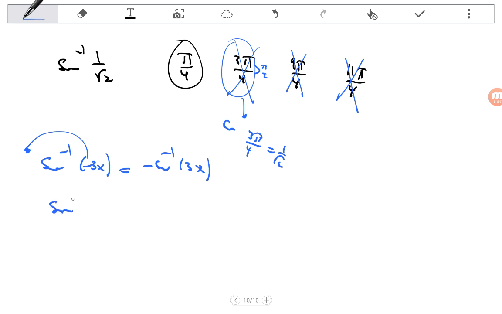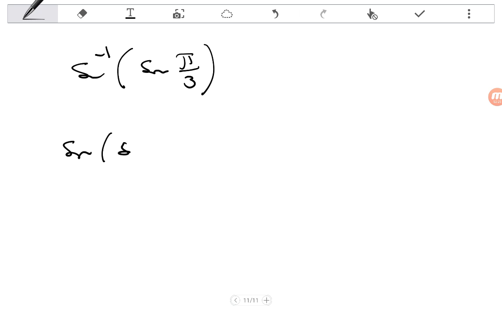Now let's check these. If I tell you sine inverse of sine pi over 3, and sine of sine inverse root 3 over 2, and sine inverse of sine of 3 pi over 4.